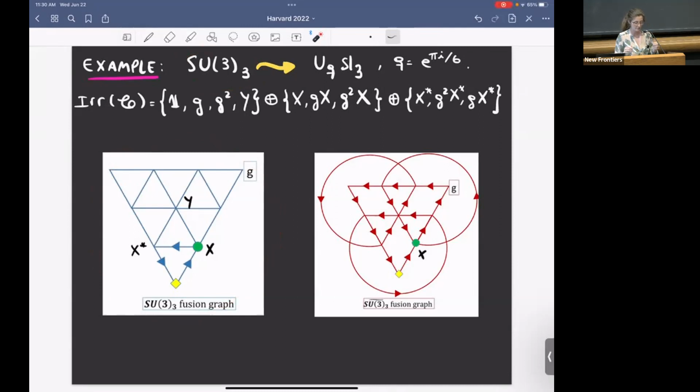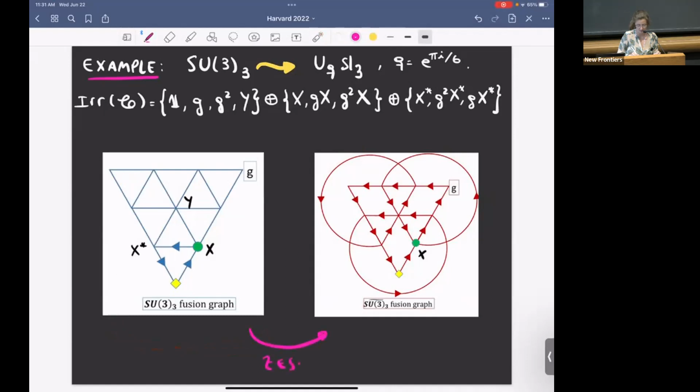And we saw that we could organize our simple objects, or label them, by certain group elements. This gave us in this category some Z/3 grading. And we saw that the other one, the exotic one, could be obtained from this one if we twist a little bit our associativity constraint and our fusion rules using some abelian anyons.